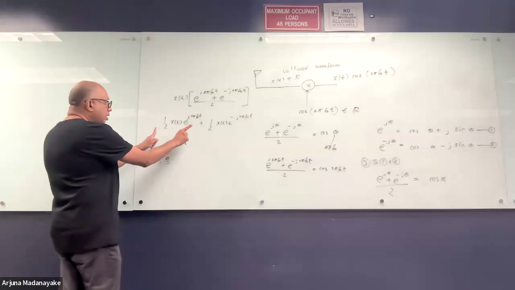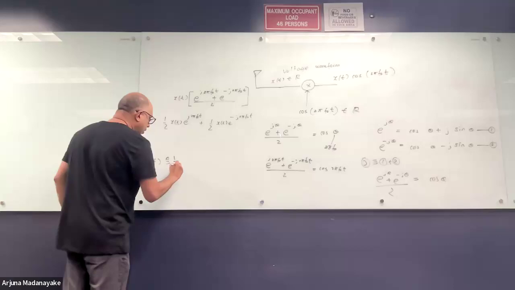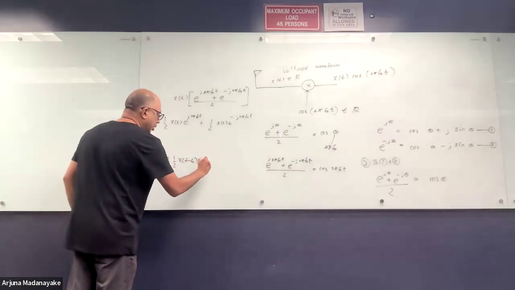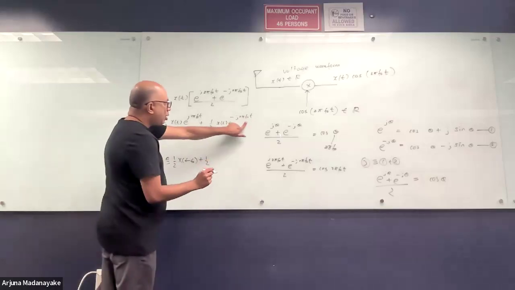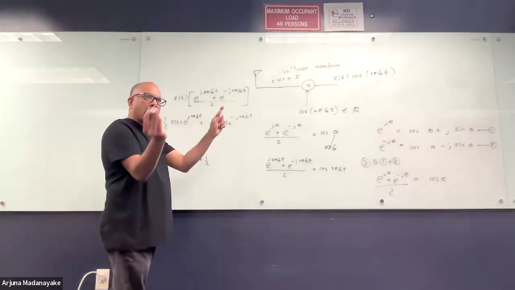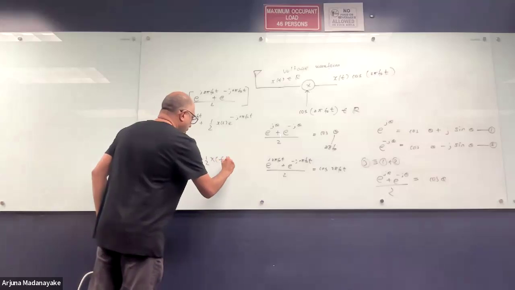The spectrum of this part is directly from the theorem. There's an extra half in front, so that basically scales it. X of f minus f naught, plus half. Here f naught is replaced by negative f naught. That means all the frequency f naught values become negative of each other. X of f plus f naught.